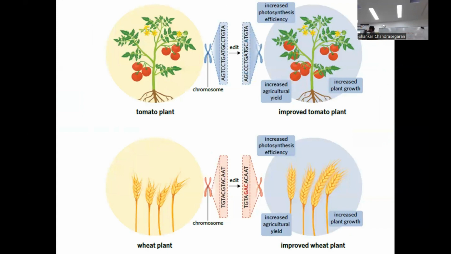Okay. If you simplified it, this is what it would look like, right? We have a regular tomato plant. We understand everything about its genome very well. Then we can think about how we're going to edit it.